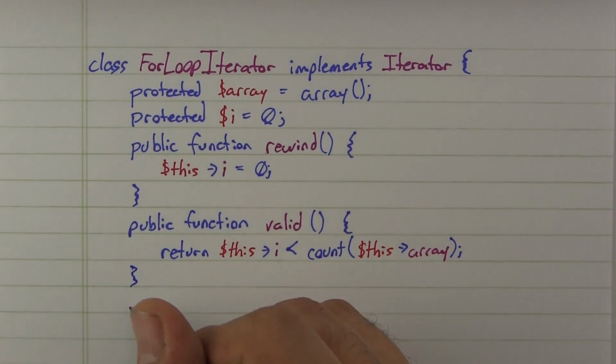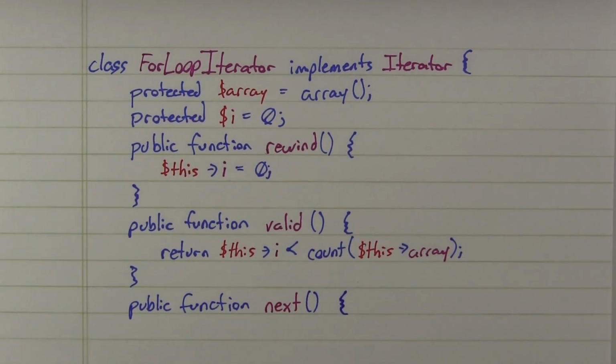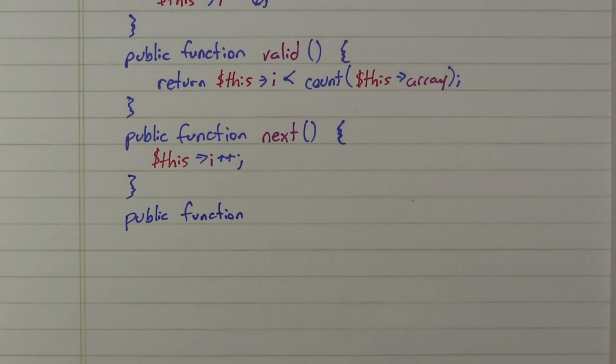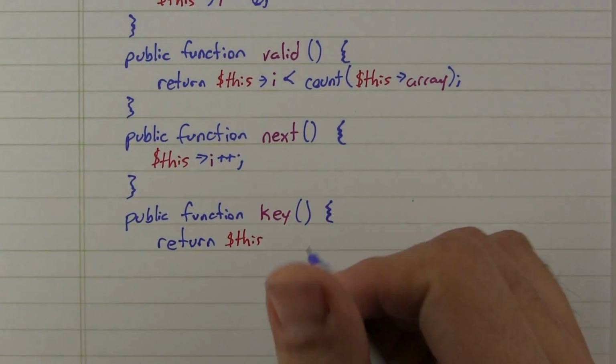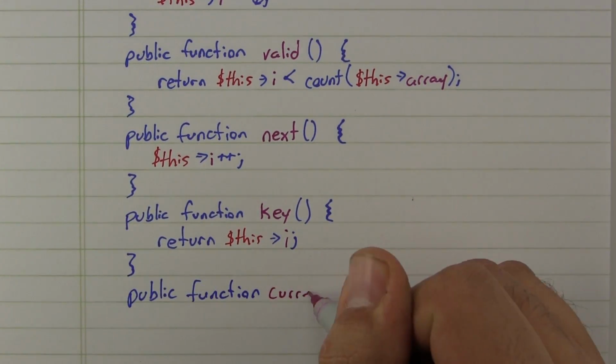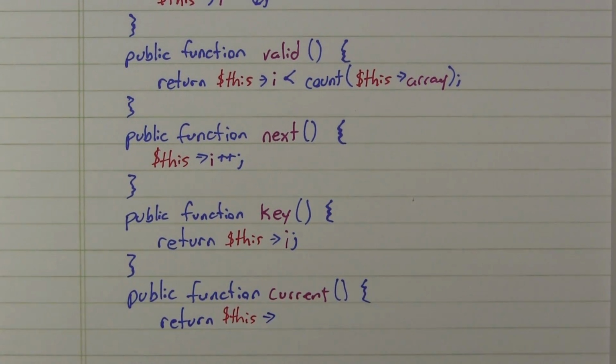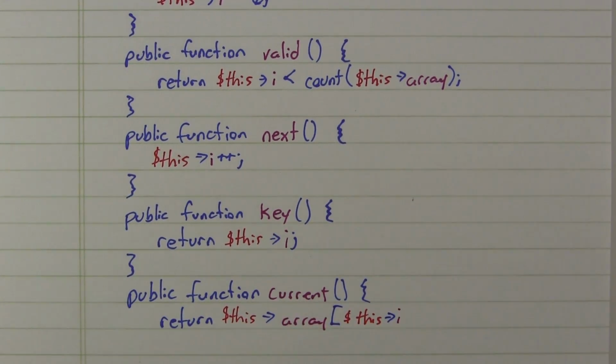Other than that, the rest of this class really looks nothing more than a verbose for statement. It's worth noting that in practice we wouldn't write this class custom, but would instead use the core ArrayIterator class, which basically does the same thing.